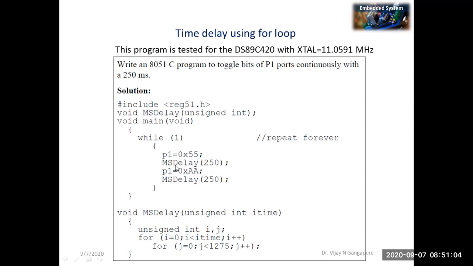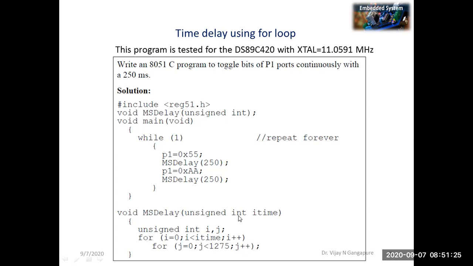Now when this ms delay function executes, what will happen? Program control will get transferred to the definition of this ms delay function, and this 250 value will get assigned to the variable i time, which is an unsigned int type of variable.